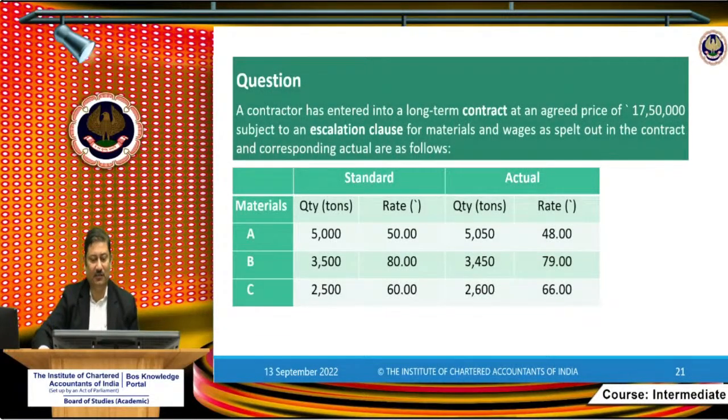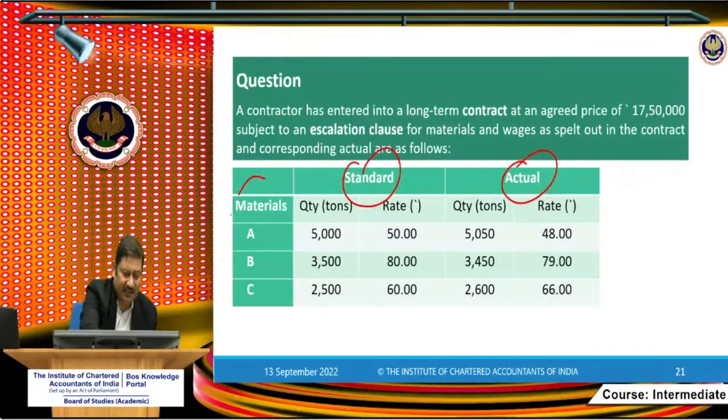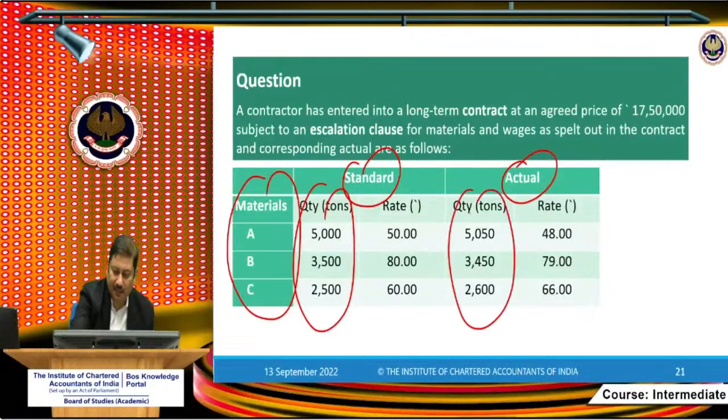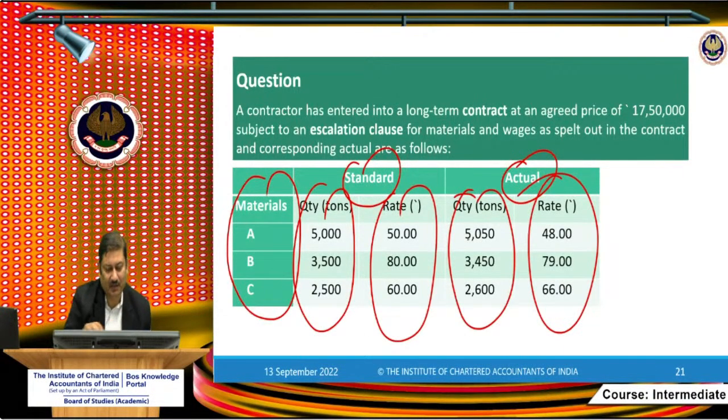This is a particular question where there is standard and there is actual data related to material. Quantity is also different, and this is basically the rate. So what is the difference between the rate we need to understand? 50 minus 48, which is not within the control of the builder or the constructor who is doing it. 80 and 79, 60 and 66.